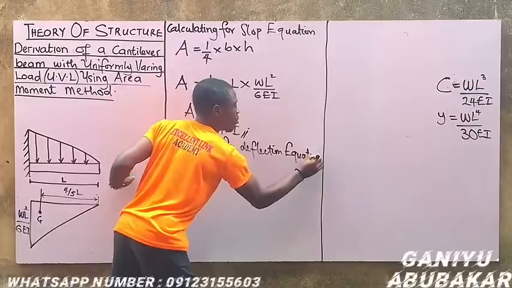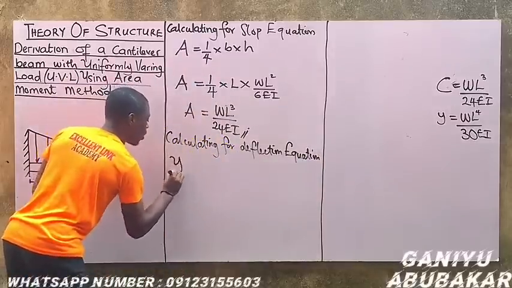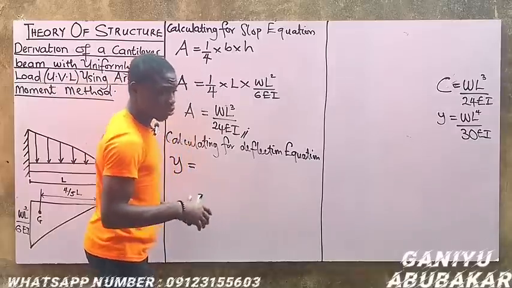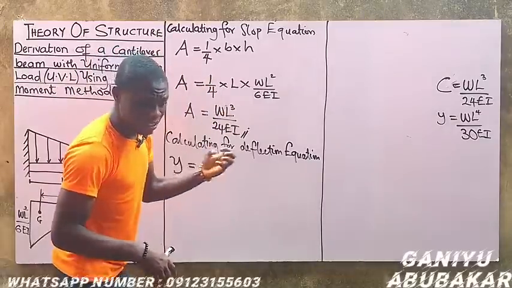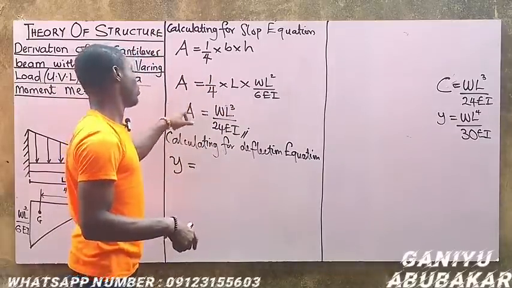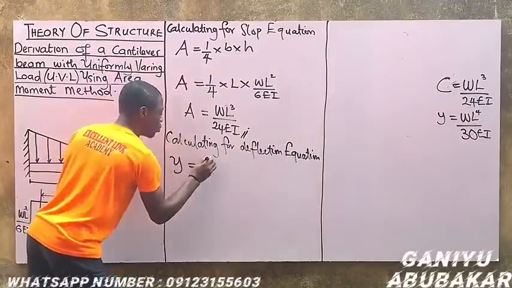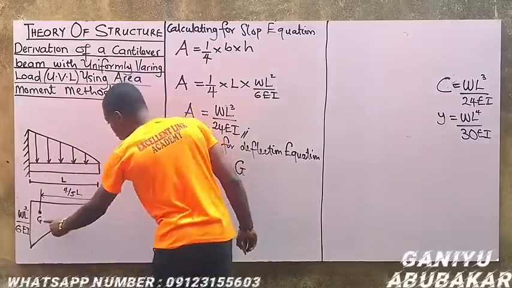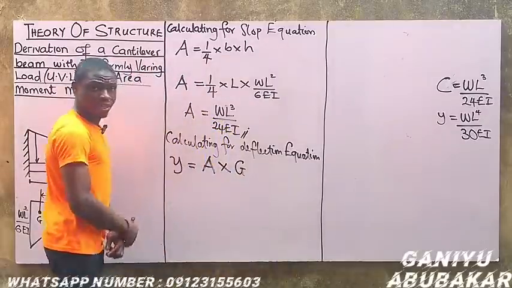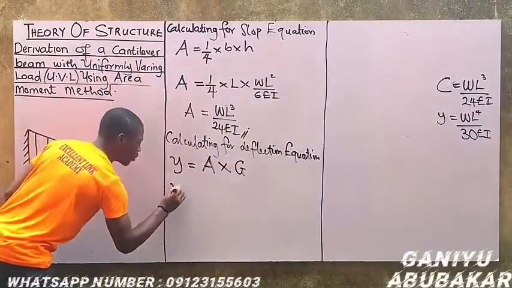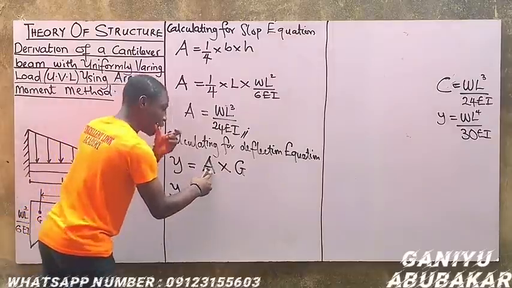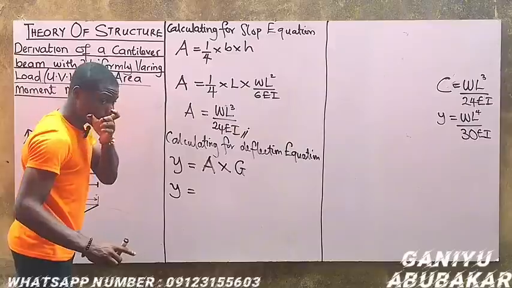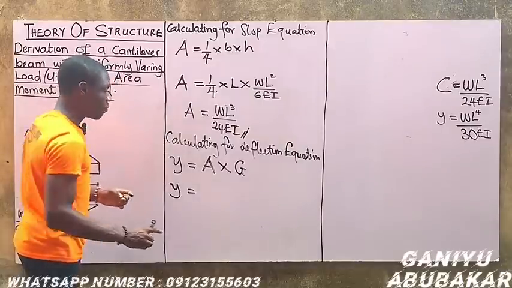equation, that's y is equal to, we said, to get your deflection equation, multiply your center of gravity by what? By your slope equation here. So I'll have that slope equation A multiplied by center of gravity, which is this one here, G. So it means that y deflection equation is equal to slope, what's my slope there?